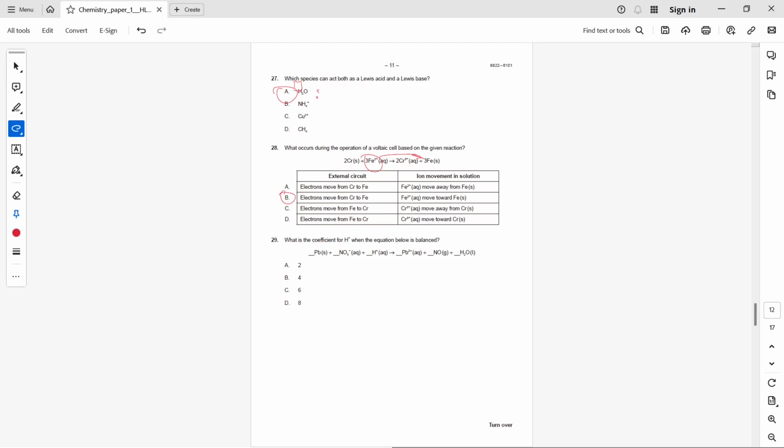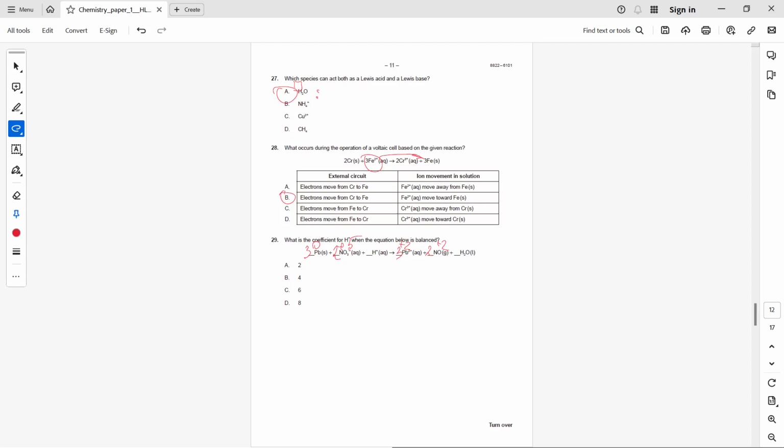For the next question, we can say this is the oxidation state 0, and this is +2, this is +5, and this is +2. So we need to multiply this by 3 and multiply this by 2, so electrons are all equalized.